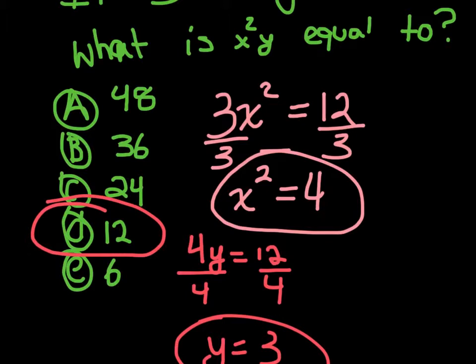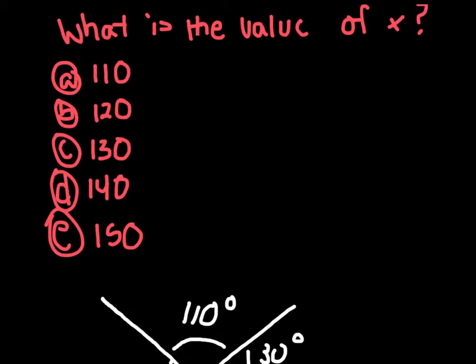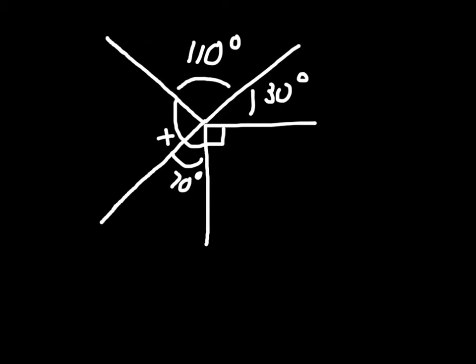This might be slightly tricky, but let's do it. Alright, our next question is, what is the value of x? The diagram is right here, so let's solve for x. The question is asking us to find the value of x.